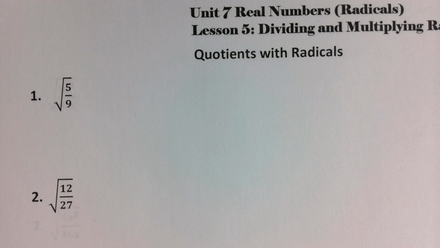But when you're working with problems in fraction form, the first thing that you want to check to see is if the denominator of your fraction happens to be a perfect square root or a perfect square.